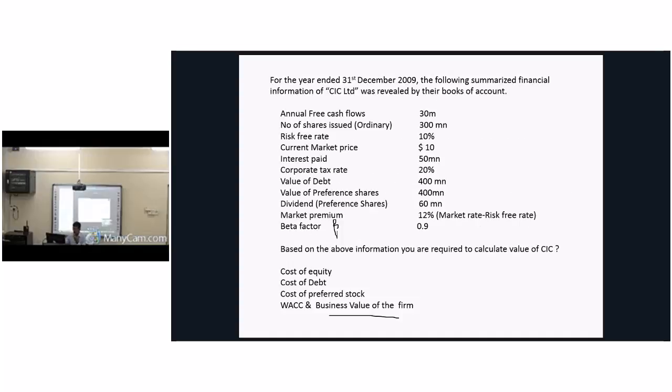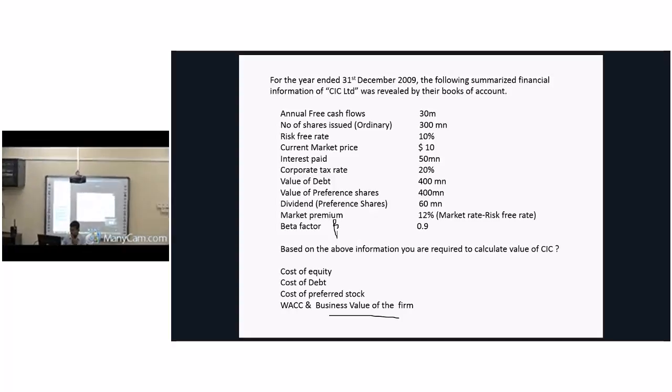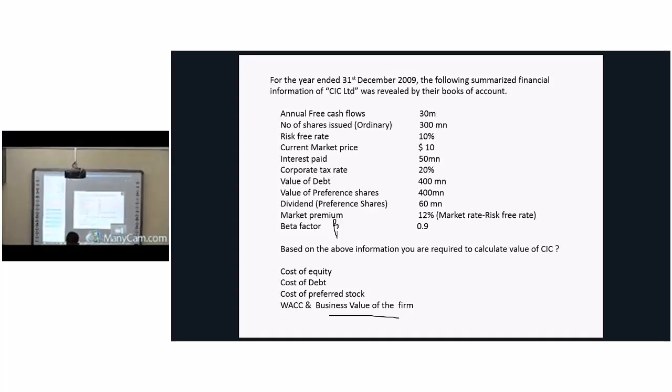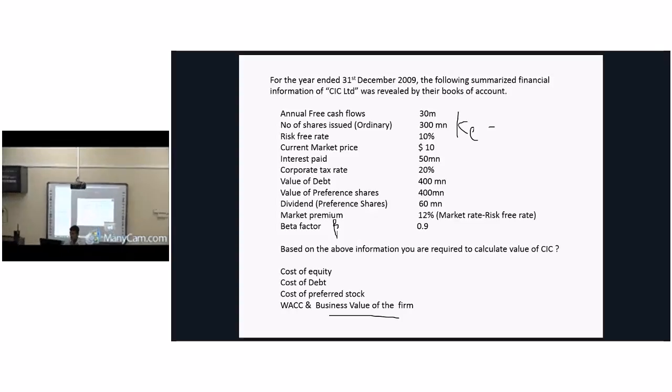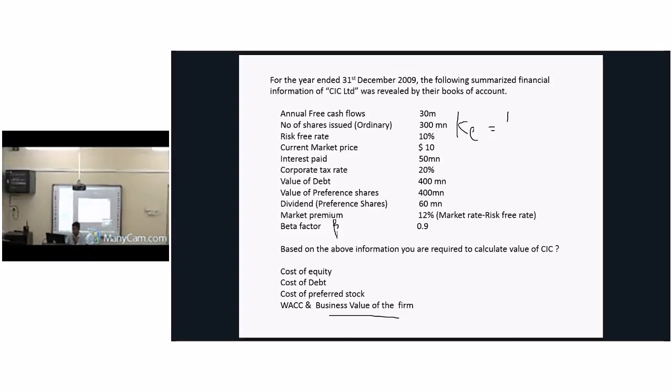To calculate cost of equity, we have two models, either KE using CAPM model or dividend growth model. So let's start with dividend growth model. See whether we have all the relevant information. KE is D1 divided by P0 plus growth rate.